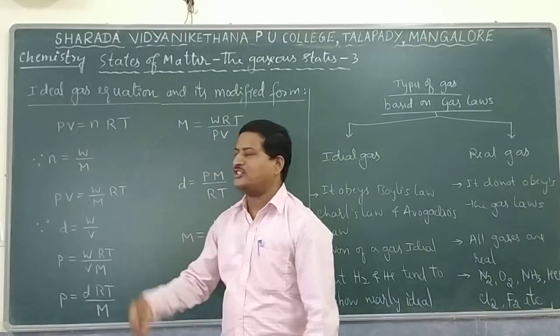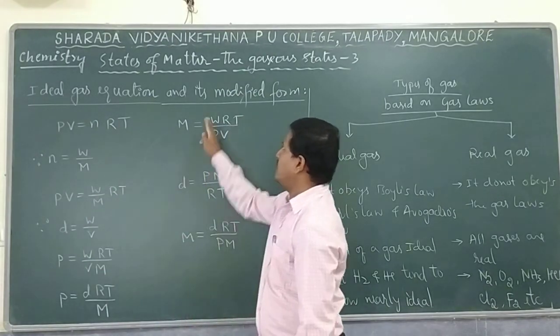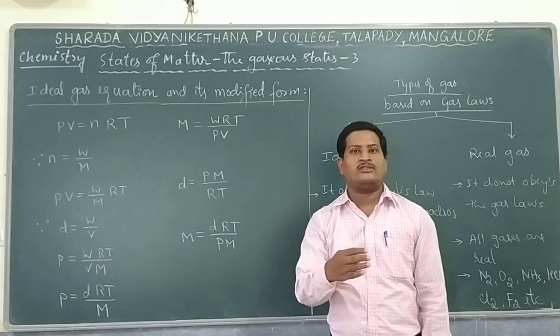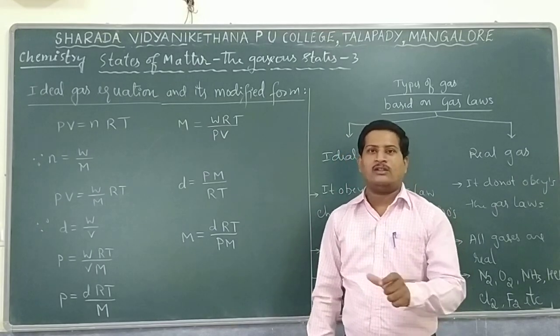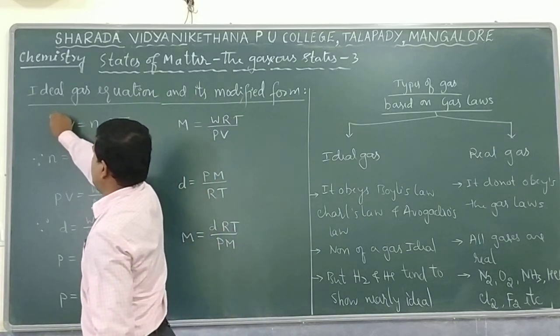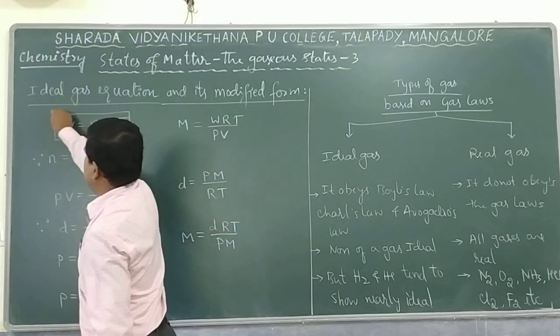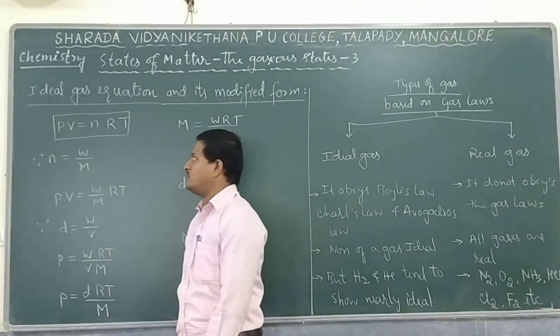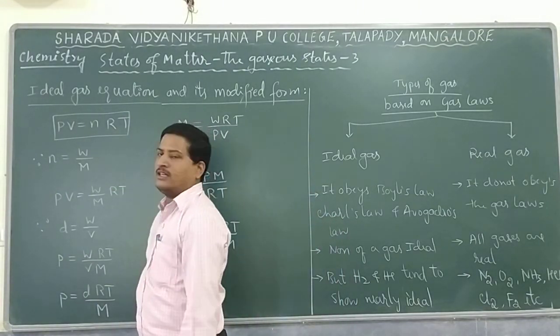Let us see the continuation, the ideal gas equation and its modified form. You find PV equal to nRT is also called the combined gas equation, and also by another name, the ideal gas equation. So we have PV equal to n into R into T. This equation is obtained from Boyle's law, Charles's law, as well as Avogadro's law. Let us modify this ideal gas equation.